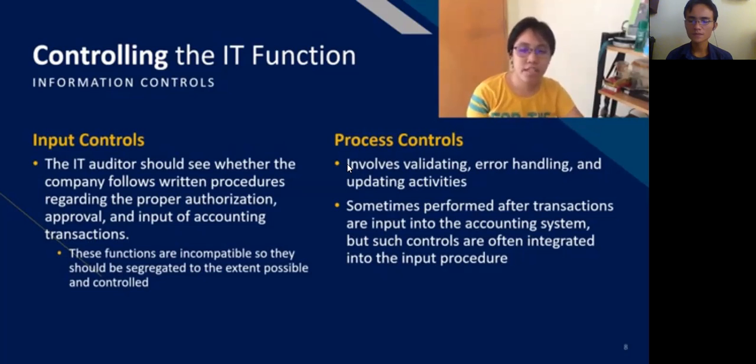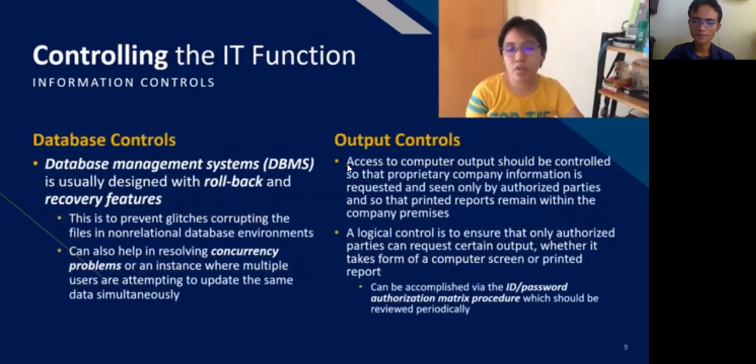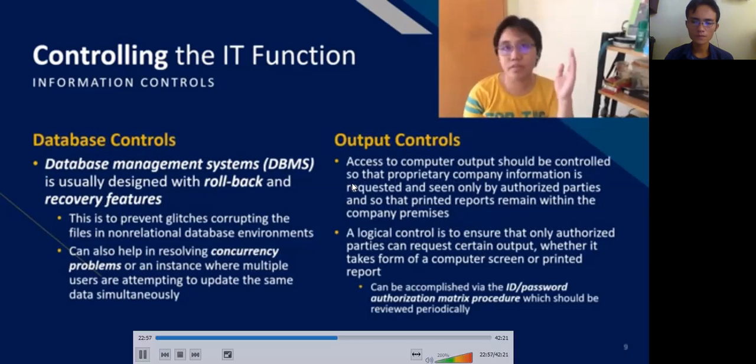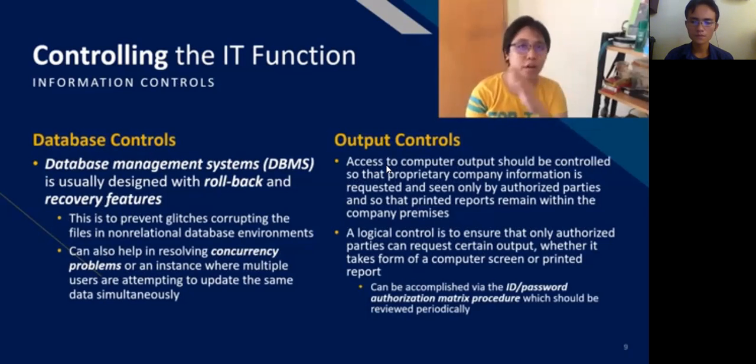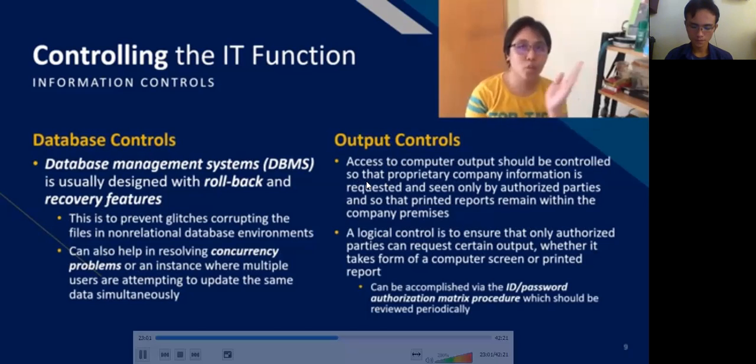And then next is the database controls. With database controls, you have to involve the usage of database management systems, which are usually designed with rollback and recovery features. So, let's say for example you have already input a certain information, but there are errors when you input it and you didn't notice it.